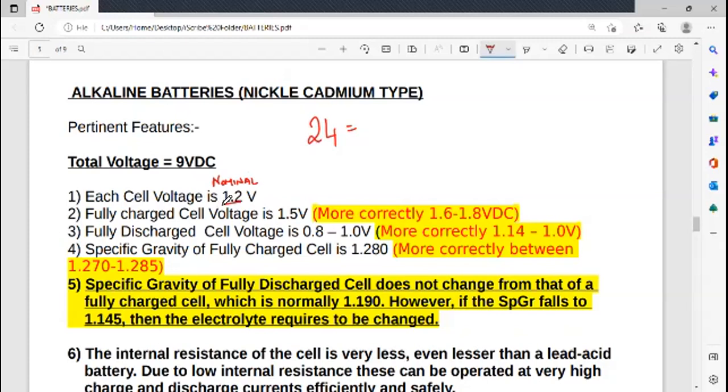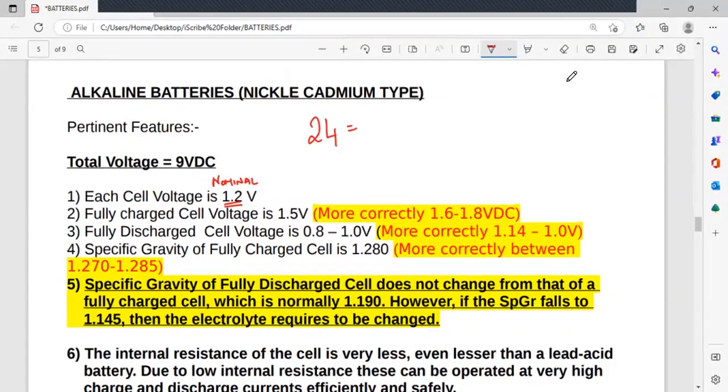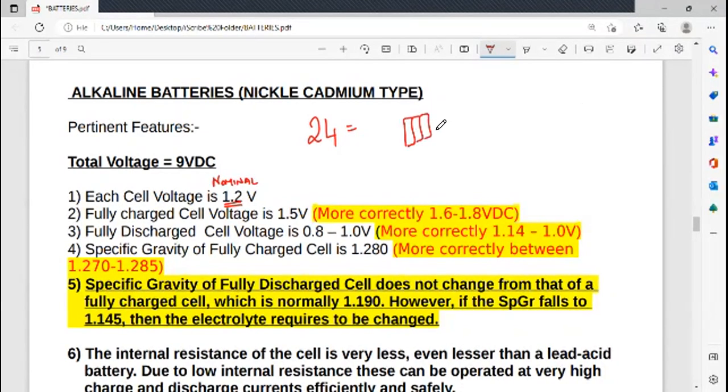If the nominal voltage is 1.2 volts, and you want a 24 volt battery, then 24 divided by 1.2 volts, you will require 20 cells. 20 of those cells, 20 numbers, all connected in series.